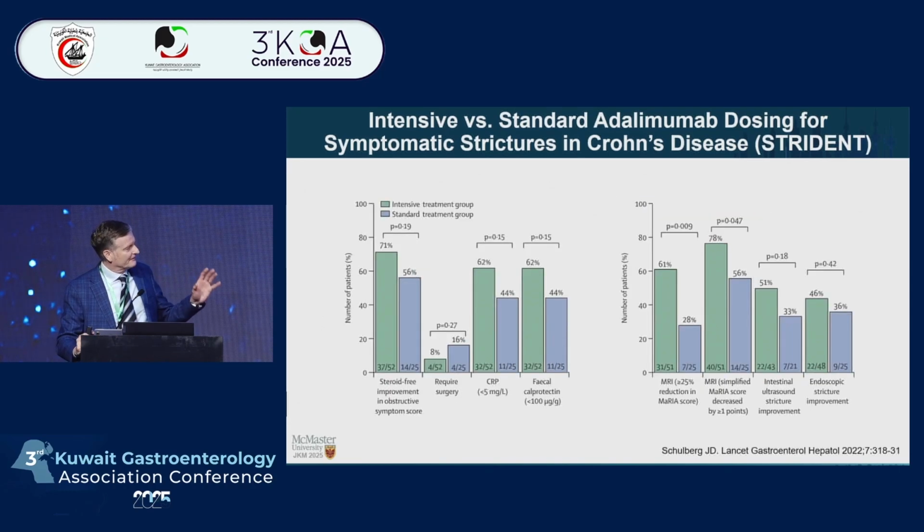And if you start to look down into all the secondary endpoints which are analyzed, there's a consistent trend in favor of more intense therapy. And some of these secondary endpoints, including the MRI imaging, did reach statistical significance. So I actually take away that this is probably a positive study, that there may well be value to more aggressive medical therapy of patients who have inflammatory disease and stricture.